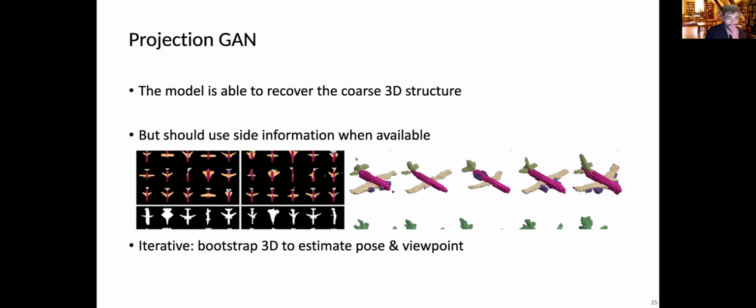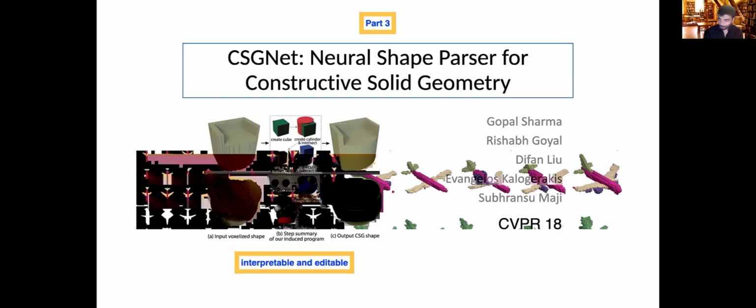Okay, then very quickly, in the last part of our work, we want to infer a program that generates a shape. The main motivation for an approach like this is we want a representation that's interpretable, perhaps editable, so that you can easily change it or apply it.